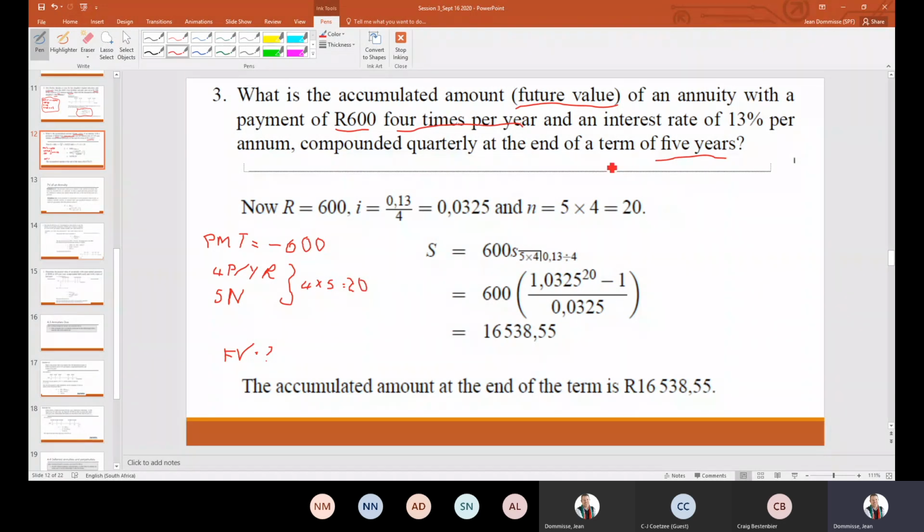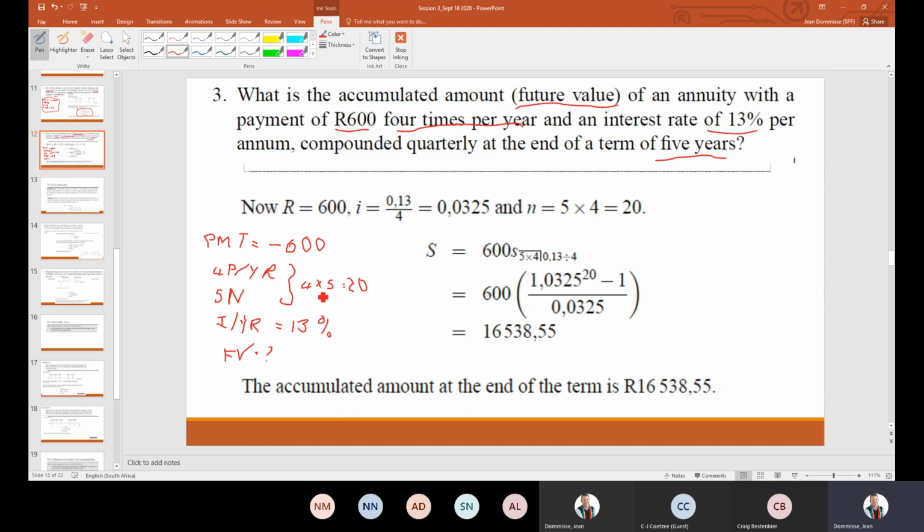And then the last thing we are interested in is the interest rate. So the interest rate is 13%. And also, when we do this on the calculator, once again, I would just go back to make my present value 0 again. So 0 present value, minus 600 PMT, 4 times a year for 5 years.